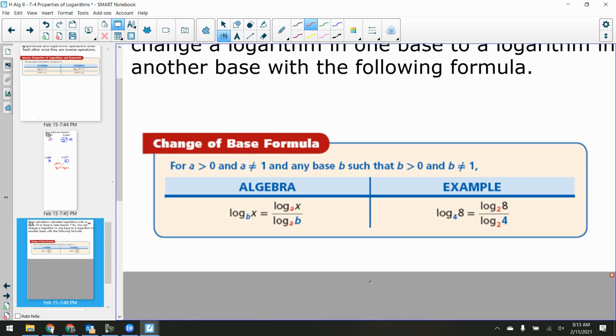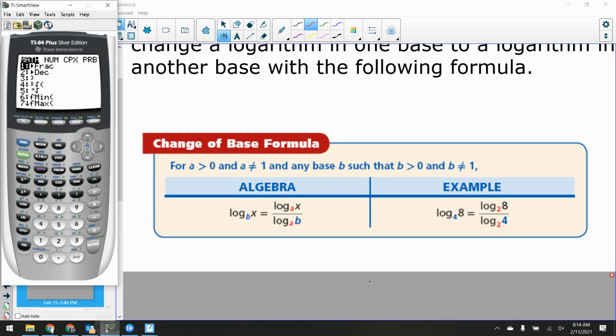You can change the base of any logarithm to whatever base you want. It seems weird, but you can. You can change it to log base 3, base 4, base 5, or base 10, because your calculator will do base 10. You can change any logarithm to log base 10.